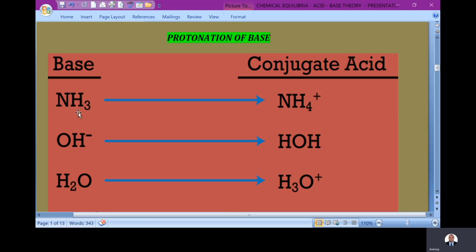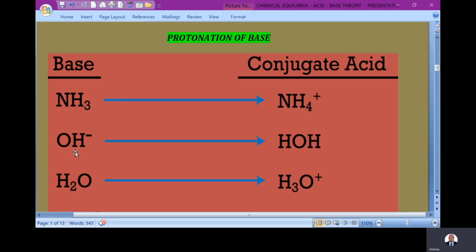If we give out a hydrogen and add a negative charge there, the negative charge will neutralize this one. So in order to have the corresponding conjugate base, we need to remove a hydrogen and add a negative sign. If we remove a hydrogen here, it will be ammonia, and if we add a negative sign, the negative sign will neutralize this one. It will be a neutral molecule, and this will be the base.